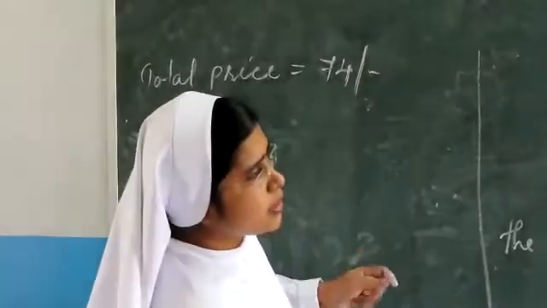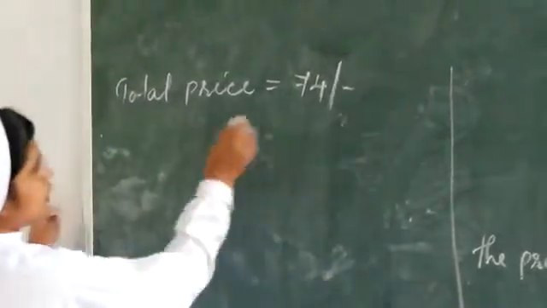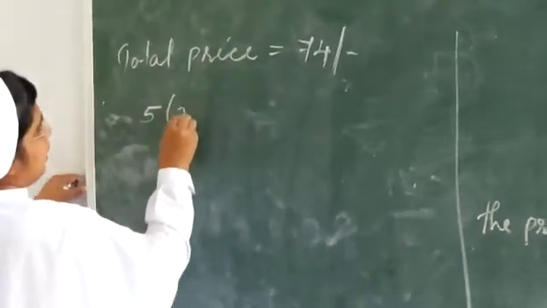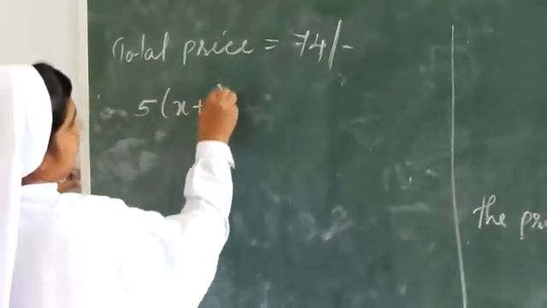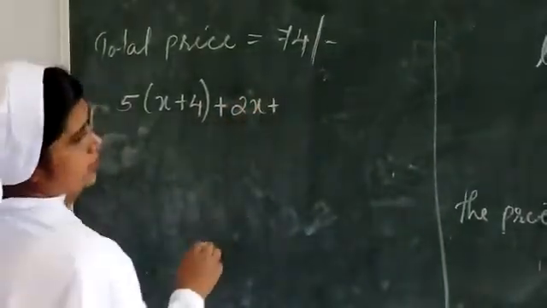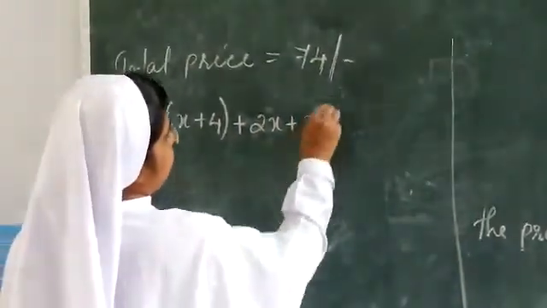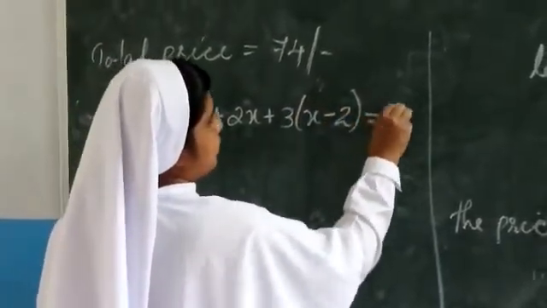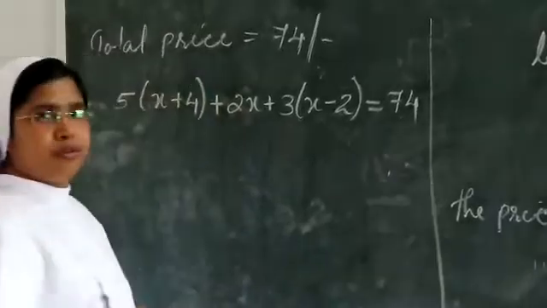How will you get that? 5 books, that is 5 into x plus 4, plus 2x, plus 3 into x minus 2, that is equal to 74.